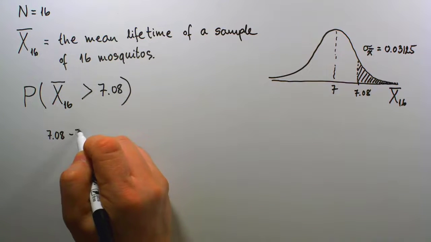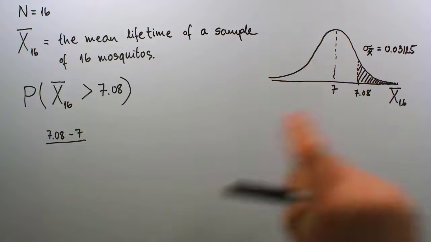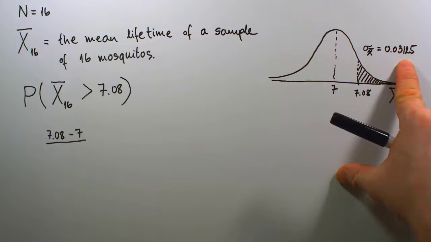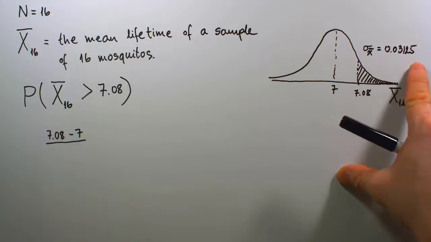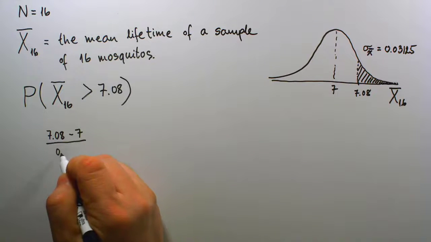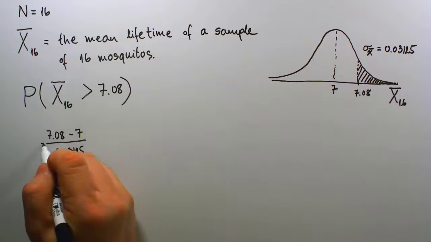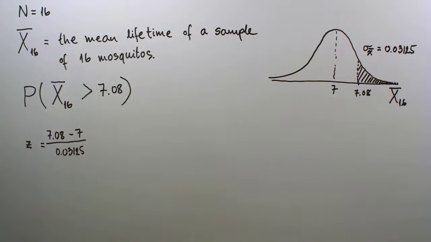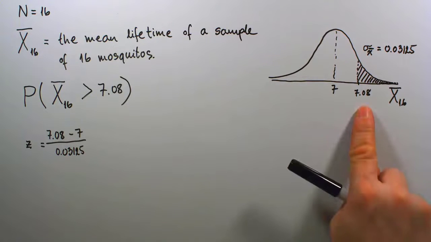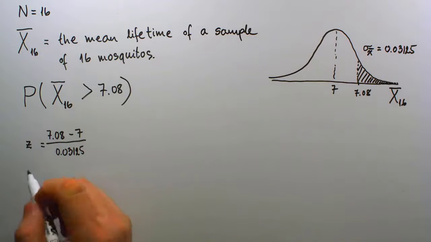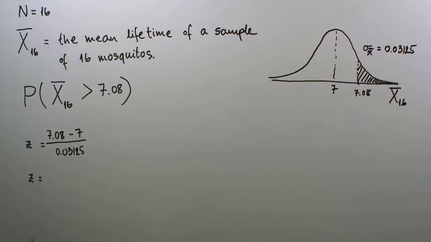7.08 minus 7, divided by our current standard deviation of the bell curve here, which is 0.03125. Our work here is to find the z-score for this low end of the interval. And so now the calculation will come out being positive 2.56.